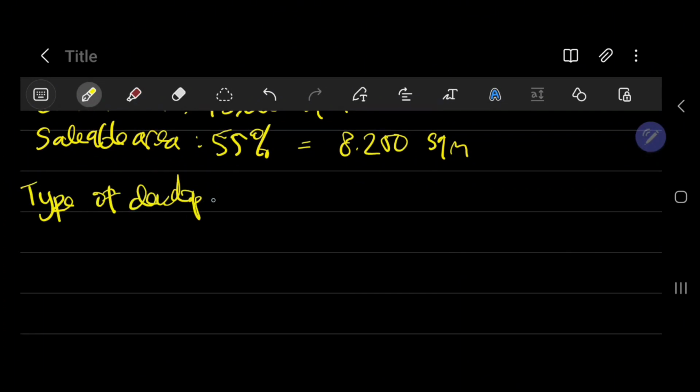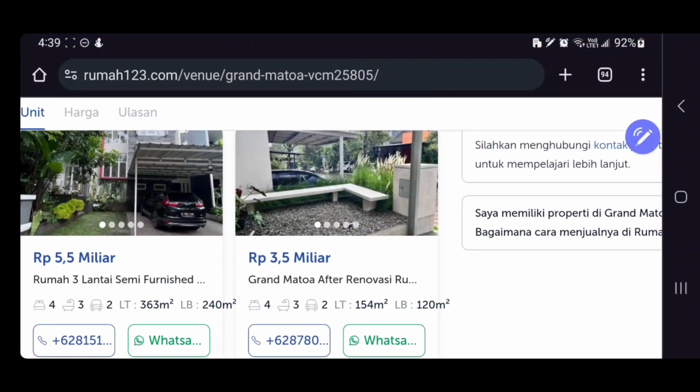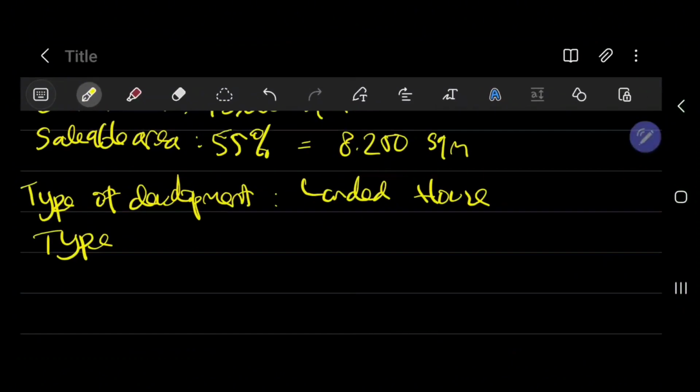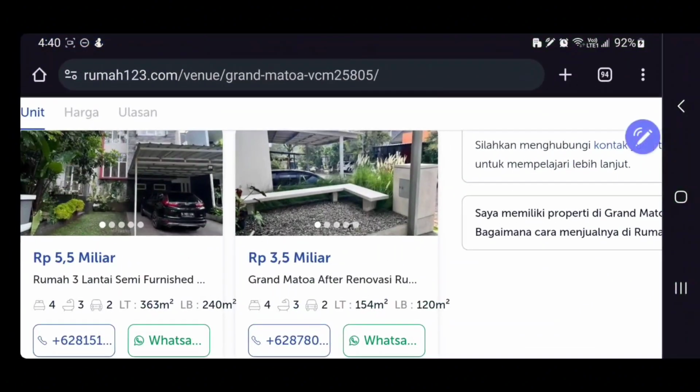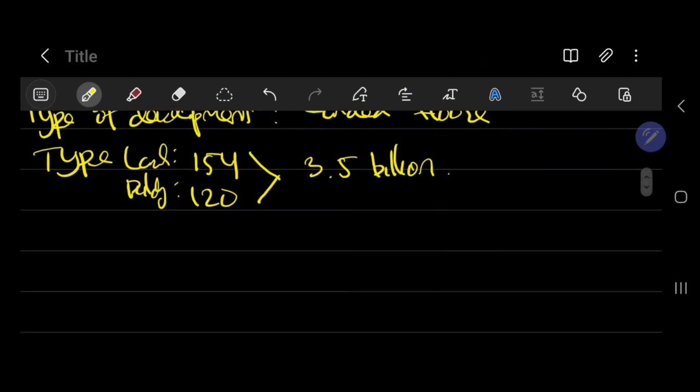Now for the type of development, definitely it is a landed house project, using the data that we see on rumah123.com, and the type is 154/120: 154 square meters for the land and 120 for the building area. And the selling price is 3.5 billion. So this is the asking price.